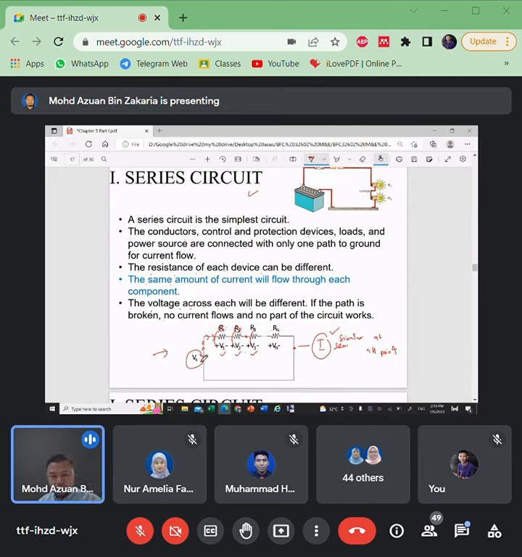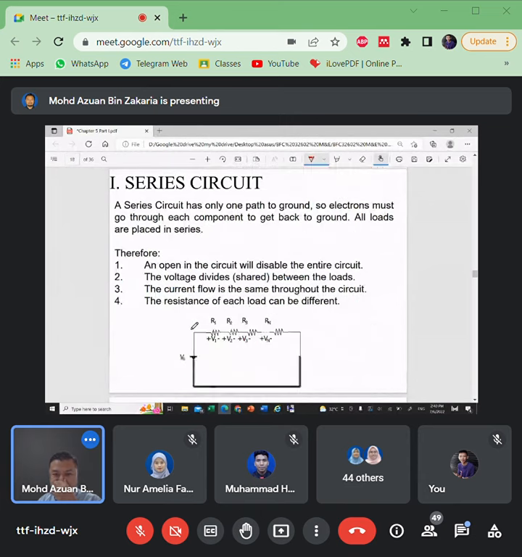Imagine this is total. So every time the electric flows through each resistance, some of the resistance uses some voltage. Resistance 2 takes some voltage, resistance 3 takes some voltage until it's equal. So it means the voltage at the resistors must be equal to the voltage supply.